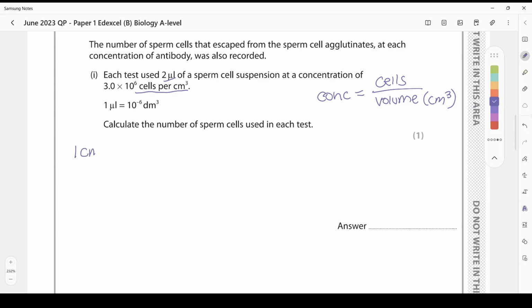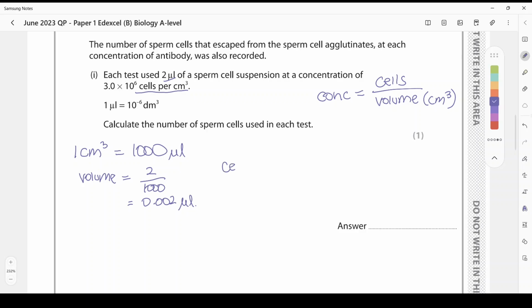For 1 cm³, you have 1,000 microliters, so we divide 2 by 1,000 to get the volume, which is 0.002 cm³.